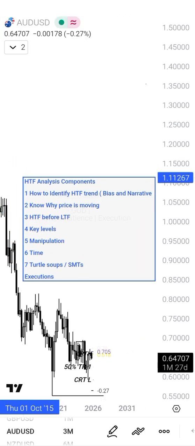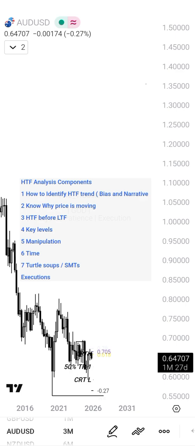The topics are higher time frame components. One, how to identify higher time frame trend, price and narrative. Two, know why price is moving. Three, higher time frame before lower time frame. Four, key levels. Five, manipulation. Six, time. Seven, Turtle Soup and SMTs, and last on the list is execution.